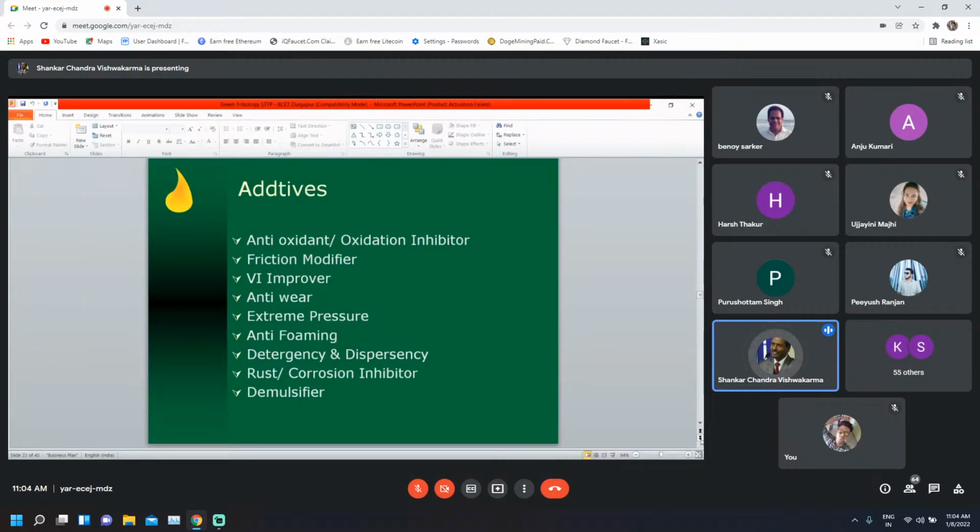So this is one. Friction is modified by blending oil, which we call the compound oil. So we are putting a base stock plus a fatty acid or fatty acid content oil, which are blended together, and then the friction is modified.